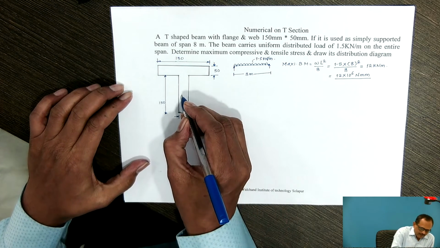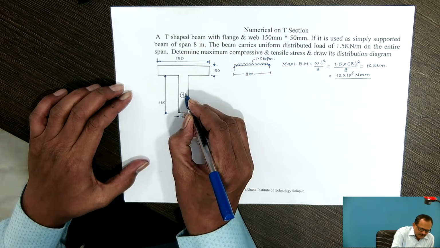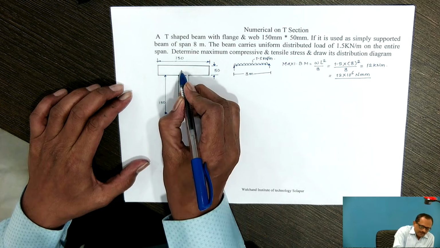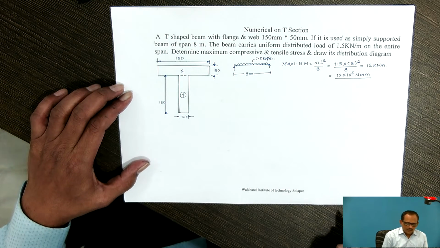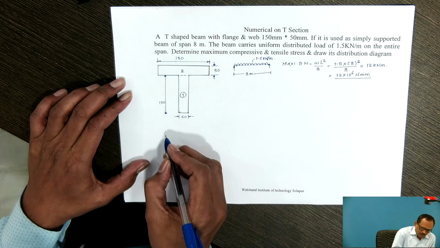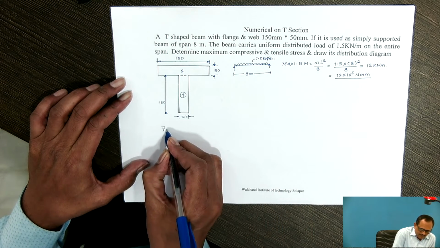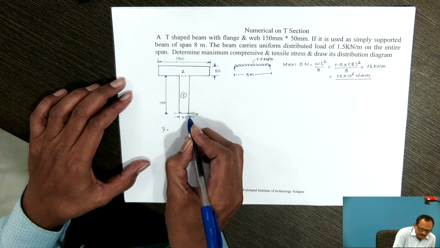Therefore, we will divide this T section into two parts. Part 1 is the web portion and part 2 is the flange section. So, in order to find the position of neutral axis, we will take reference as the bottom face.